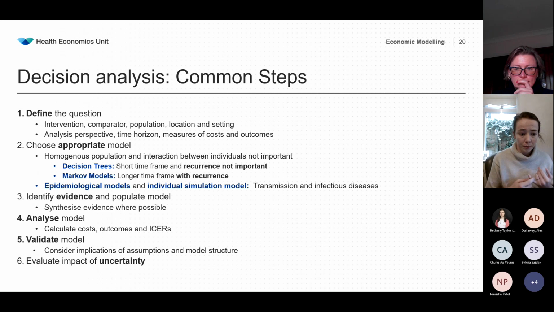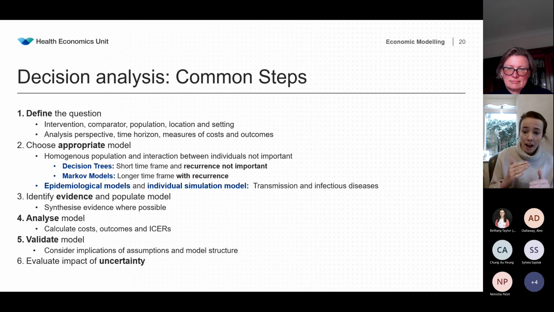So we're going to go through in a bit of detail 2 types. They're kind of the simplest, the decision trees and Markov models. We're going to go through very simple examples because I don't think that everybody wants to do a ton of math today. I've chosen the fewest number of branches possible to make it actually useful. And then Anna at the end is going to go through a bit on epidemiological models and some individual simulation models, which are more useful for infectious diseases, like COVID.